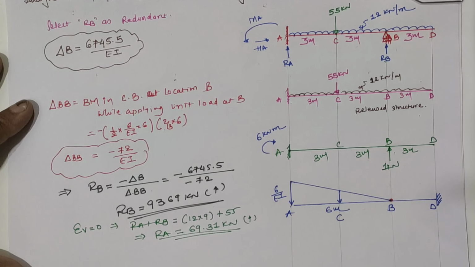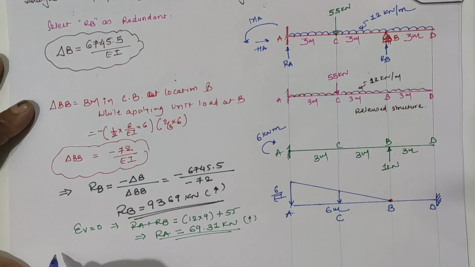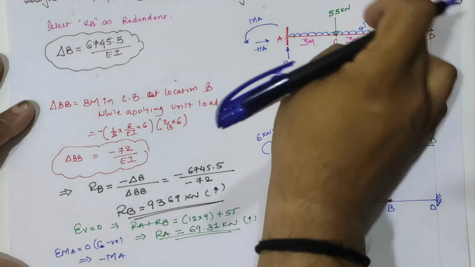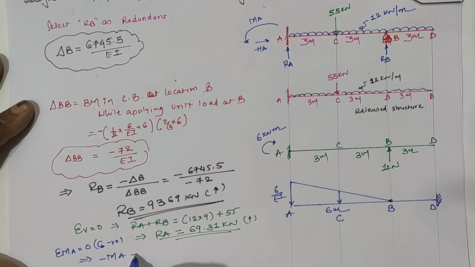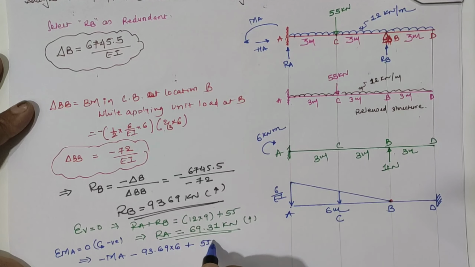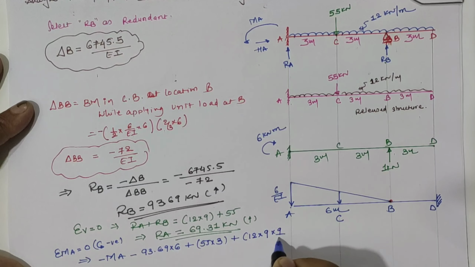And if we calculate the moment at A using the equation sigma MA equal to 0 and anticlockwise moment as negative, then minus MA at location A in the anticlockwise direction, RB into 6 creates the anticlockwise direction, so it is minus 93.69 into 6 plus the point load, it is 55 into 3 in clockwise, and for the UDL it is 12 into total distance into distance by 2 in the clockwise direction, which is equal to 0.